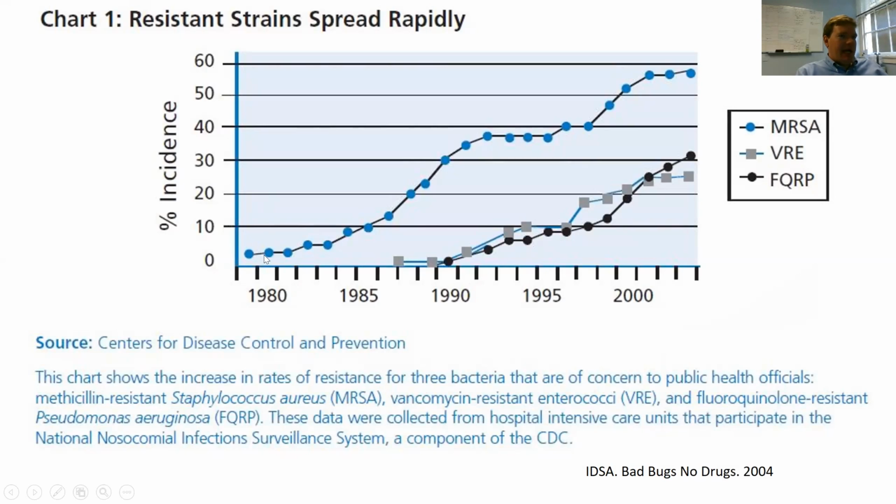Back in the 1980s, there was essentially no MRSA in the early 1980s, and then it took off as a hospital-acquired pathogen. This is the percentage of all Staph aureus isolates that are MRSA. But then it really took off in the late 80s from being almost unheard of. So 2 to 5% of isolates in the early 1980s. By 1990, almost half of Staph aureus isolates were methicillin resistant.